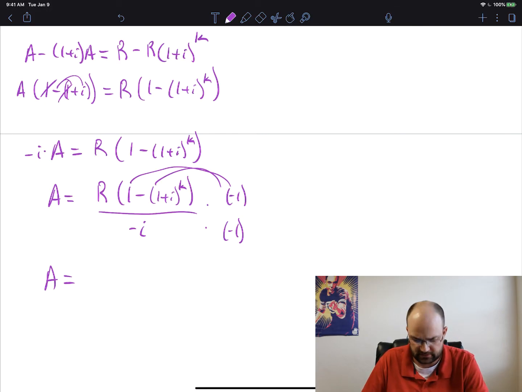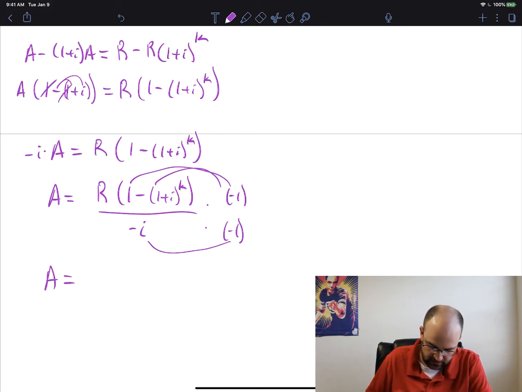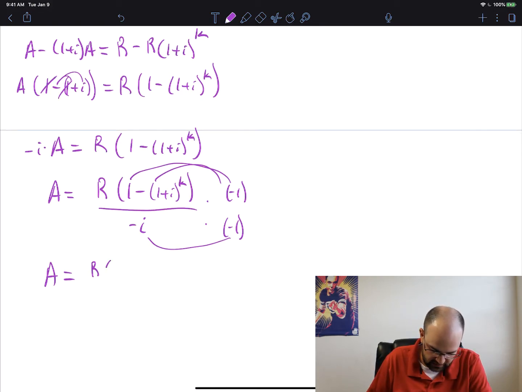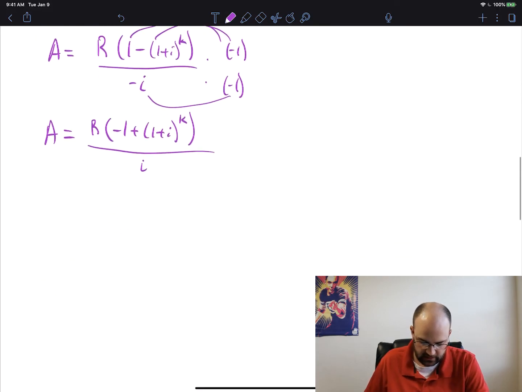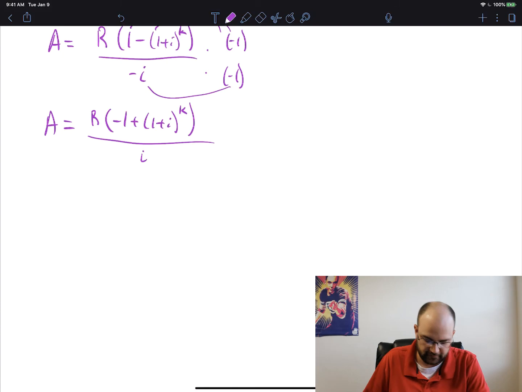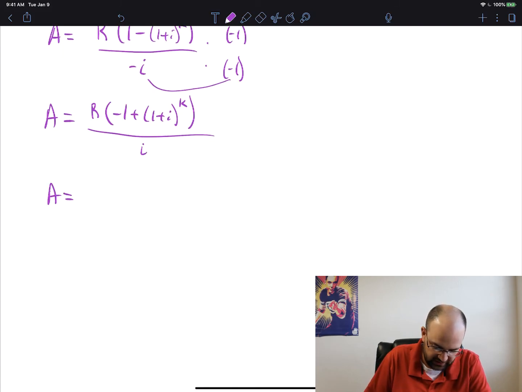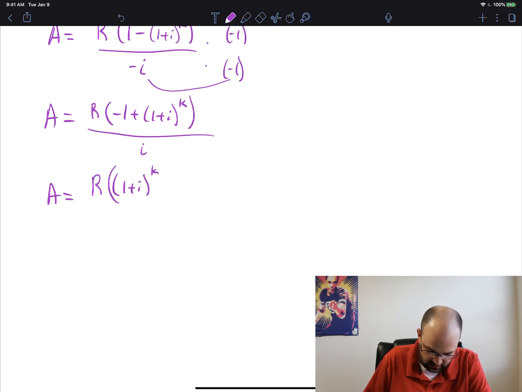I'm not going to multiply it by the R there. So we have R times -1 plus 1 plus i to the capital K, all over just i at that point. But we don't like having that negative go first, so for our formula, we'd like to make this 1 plus i to the kth power, and then -1, all over i.